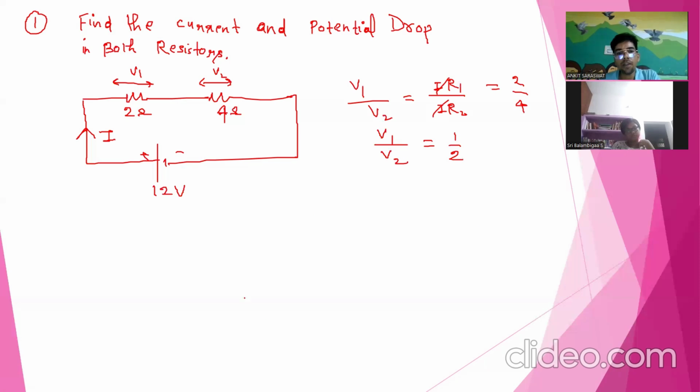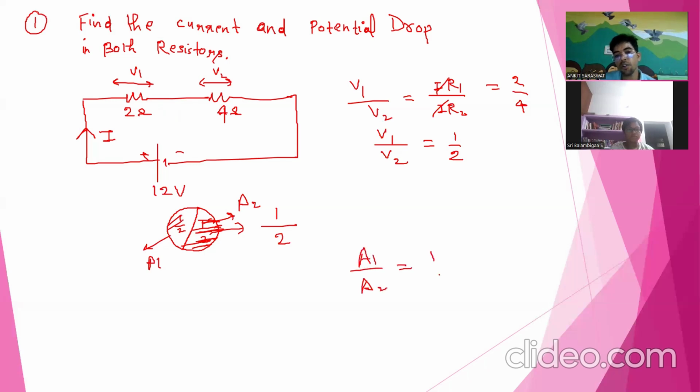Clear? For example, if this is a big chapati, and you cut it in 2 parts, then this will be 1/2 and this will be 1/2. This region is A2, this is A1, and if I ask what is A1 by A2? 1:1.